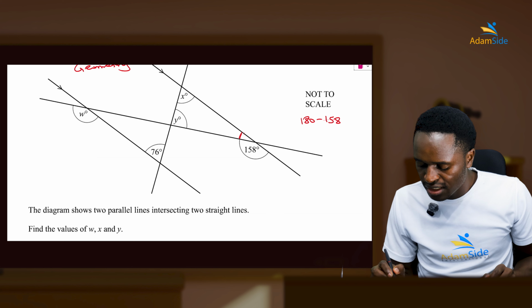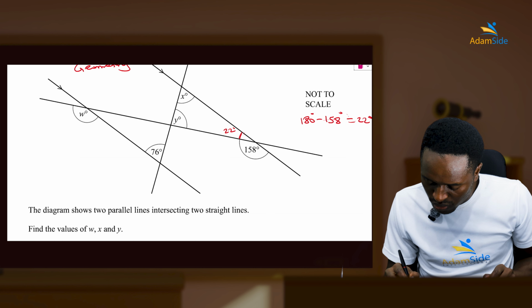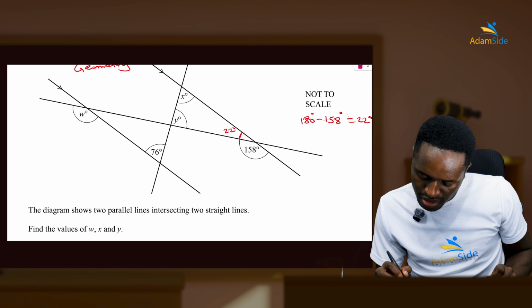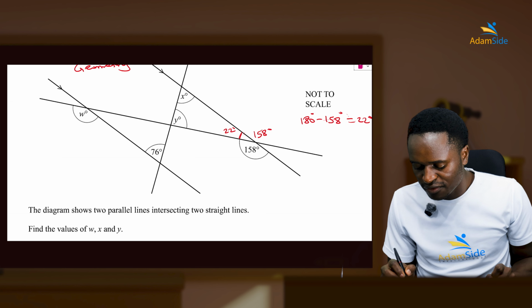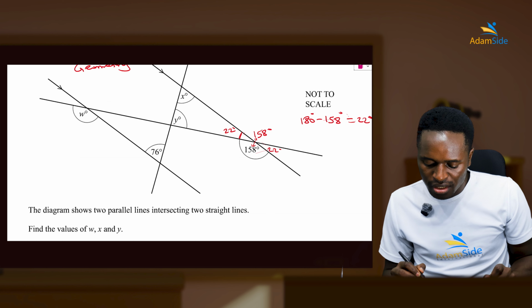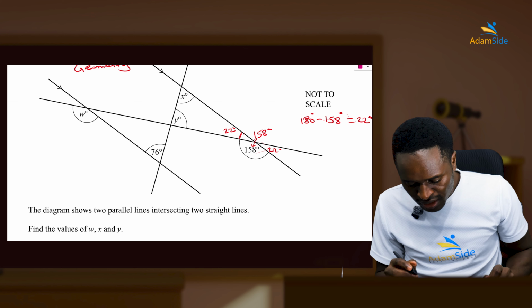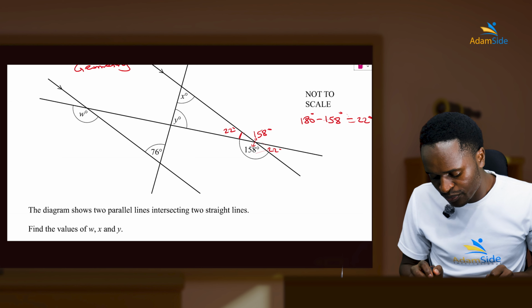So 180 degrees minus 158 degrees is 22 degrees. So you get here as 22 degrees. And then you have 158, and this one also will be 158 because they are vertically opposite angles, and this one is 22 degrees. Then after getting this one, we have to think of an angle here.